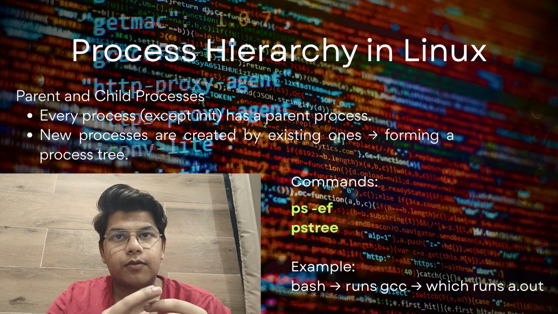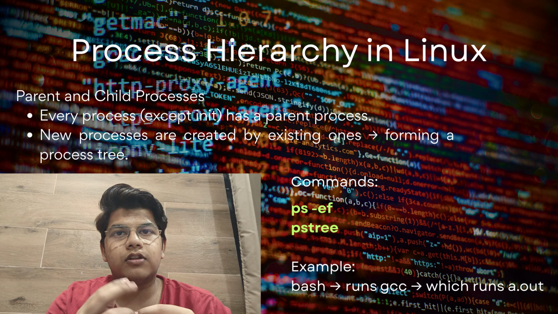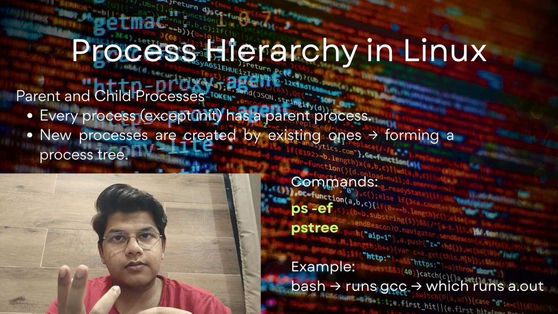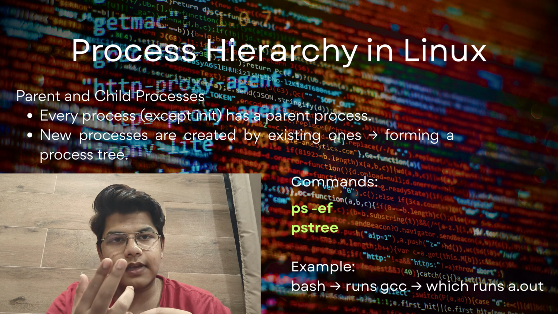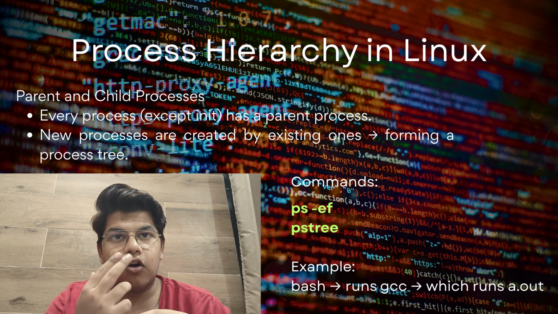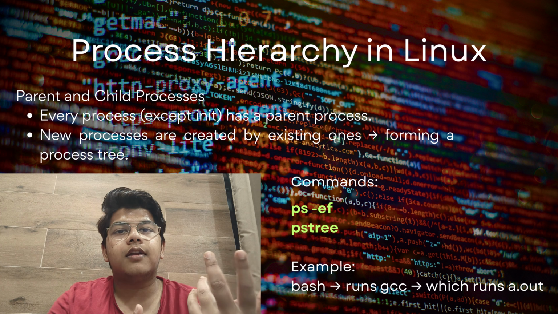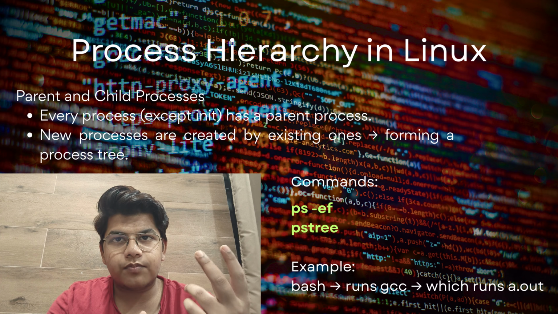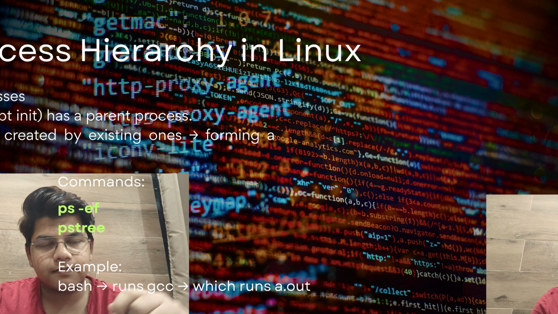Each is a child of the process that launched it. To inspect running processes and their relationships, you can use the ps -ef command to list processes with their PIDs and parent PIDs, or the pstree command to get a tree view. In short, Linux uses the parent-child model to manage ownership, signals, and cleanup.